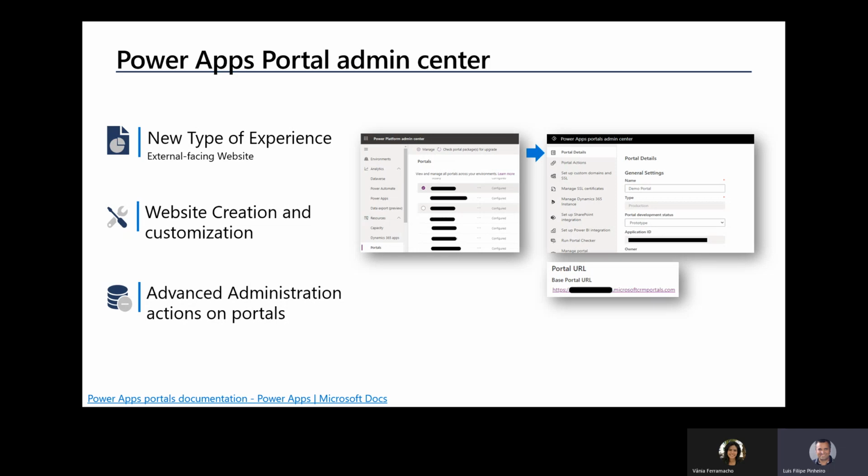You can manage SSL certificates. You can set up SharePoint integration. You can set up Power BI integration and manage the portal authentication key. There are more options, but you can also set up IP address restrictions.